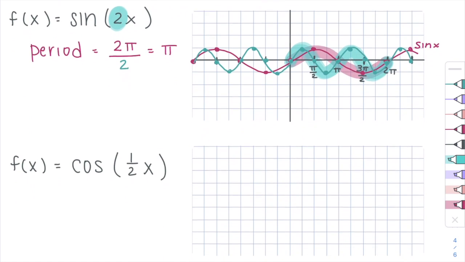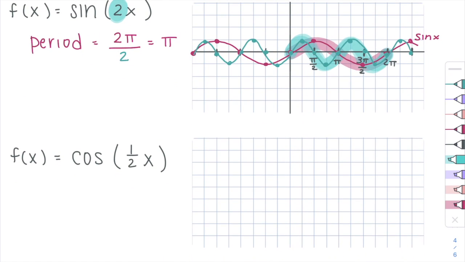So let's try with cosine. If we want to find the period of cosine of 1/2 x, I'm going to take 2 pi and divide it by my horizontal stretch or shrink number, which in this case is 1/2.